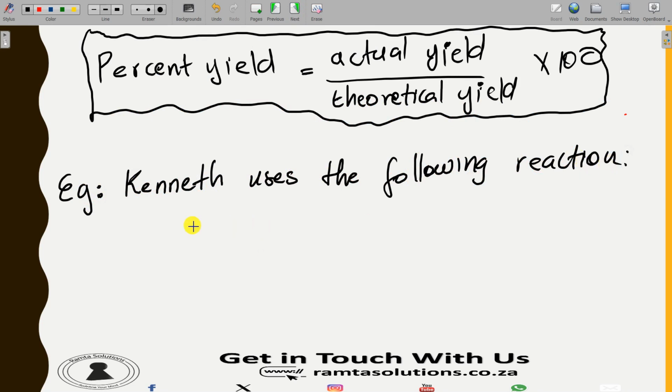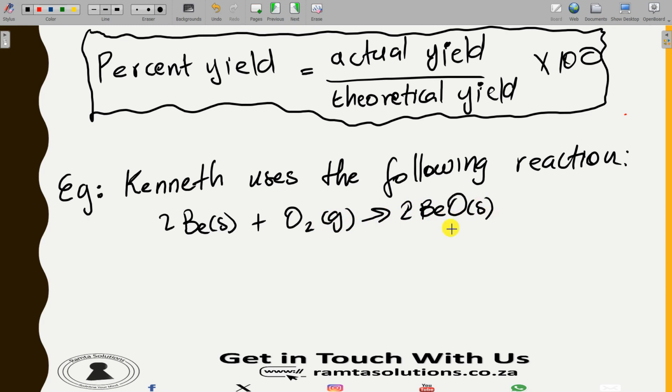What is the reaction? 2 beryllium solid plus oxygen gas. I'm trying to balance it immediately. Gives us 2 beryllium oxide solid. Okay. So what he does, he calculates that he could produce 1.5 grams of beryllium oxide.